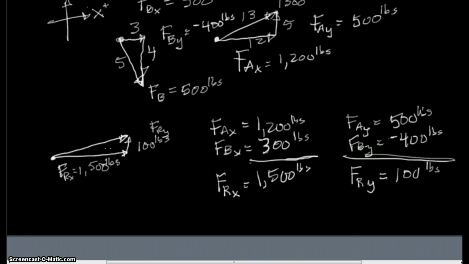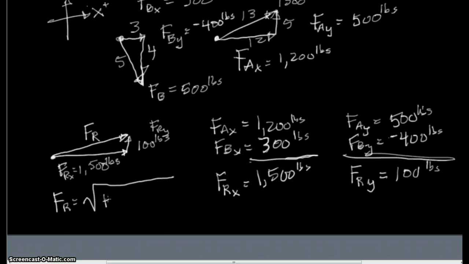Let's call the hypotenuse h, or rather FR. In essence, FR is going to equal the square root of FRX squared plus FRY squared. I hope that makes sense to you.